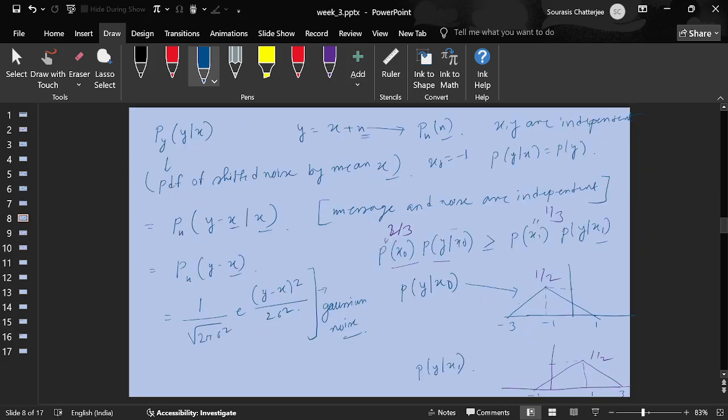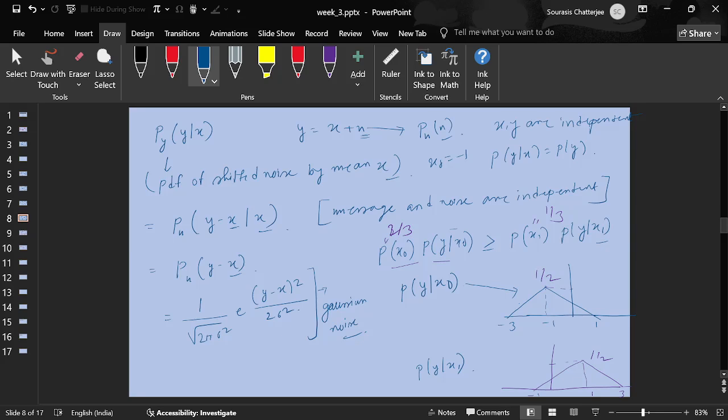Till now, is there any issue? We have the noise PDF, that is the PDF of n, right? Now when we talk about likelihood, it's the PDF of y given x naught. Given x naught means x naught is fixed, it's not random anymore.